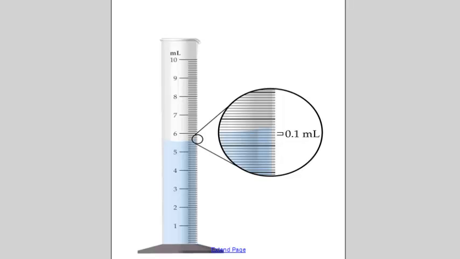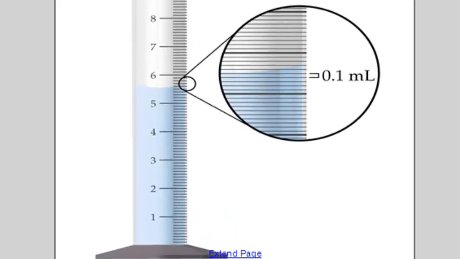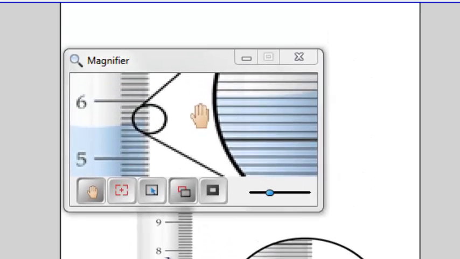Here, for example, is a graduated cylinder. You'll notice the cylinder is marked every milliliter, 1, 2, 3, 4, 5, and so on. But there's also these little markings in between. I've blown it up here, but let's use the magnifier and blow it up even more. Alright, so what you'll notice is, let's count.